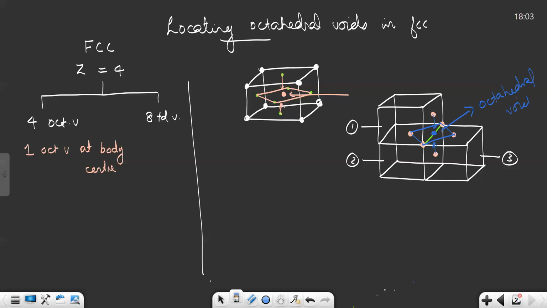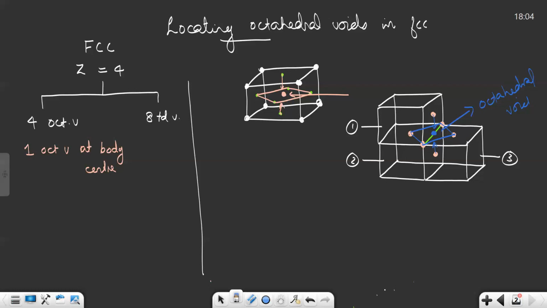You know that an edge is shared between 4 unit cells. So the void present at the center of that edge is also shared between 4 unit cells. So only 1/4 of the void at the center of an edge actually belongs to one unit cell. Like this, all these edges have one void at the center.